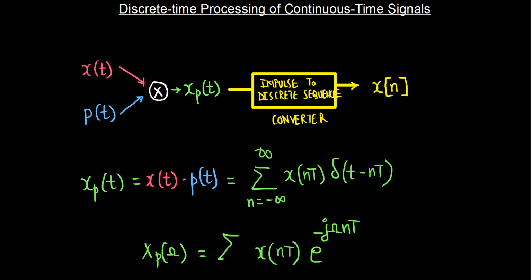So this n running from minus infinity to infinity, and we know what this x of nT is. This x of nT is nothing but this x of n.